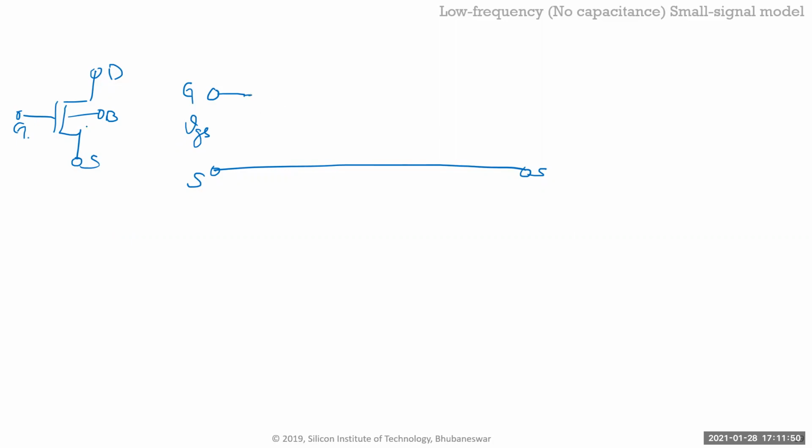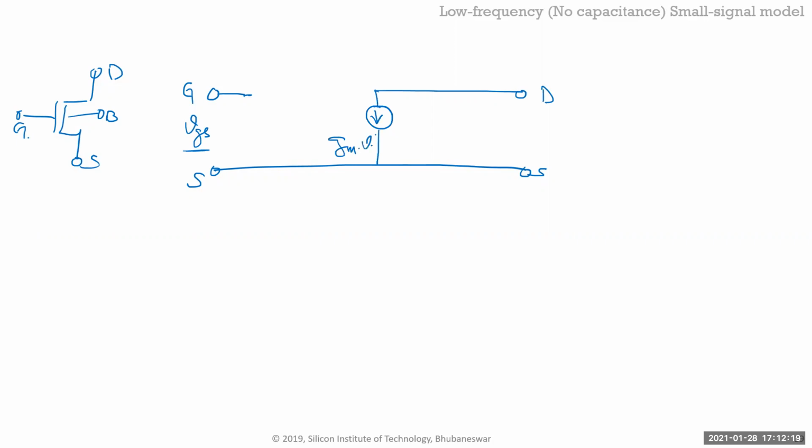Okay, so this is just open. And then let's see the first term. What is the change in the current from drain to source when your input gate source is varying by VGS, right? So let's say this is your drain node. Then this is a voltage controlled current source, right? And what is the scale factor?